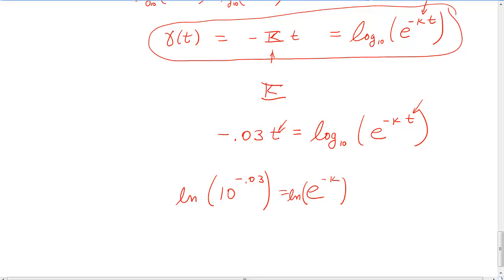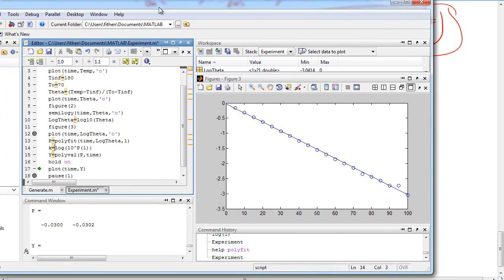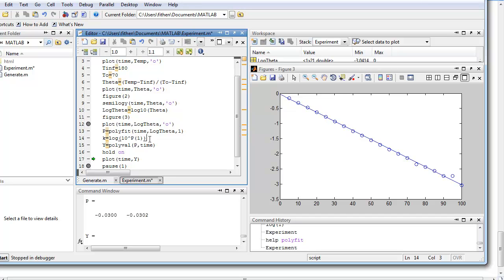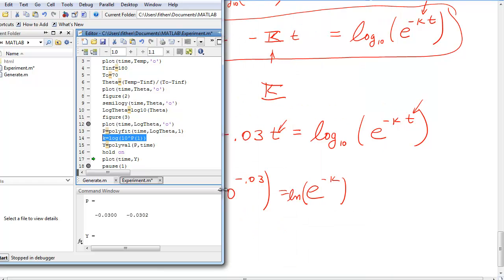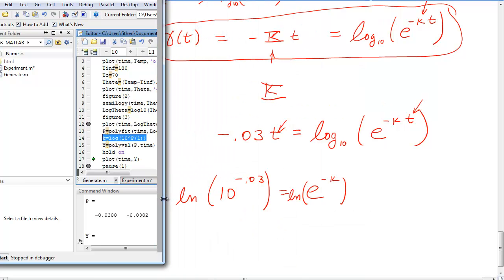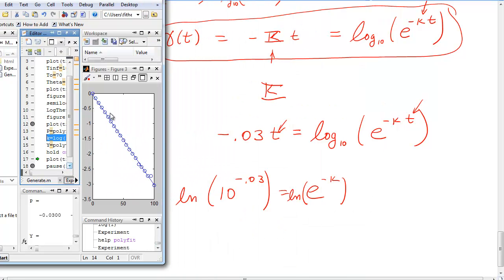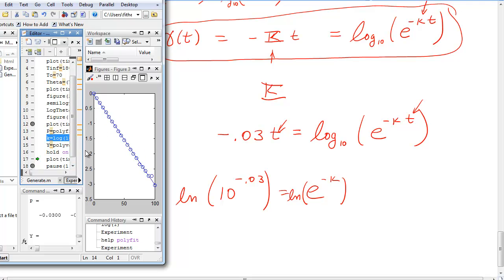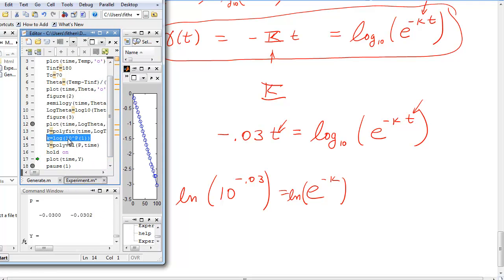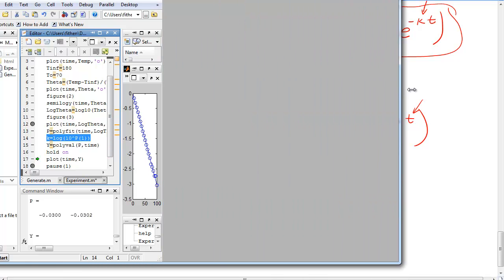Call that my K equal to. So here's what I'm doing. If you look at this statement right here, it should mimic this, except now it crunched it way down. But that statement, log of 10 to the P, okay, so that will give me my K value.